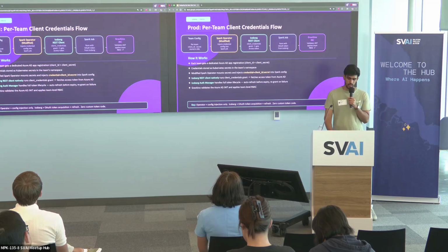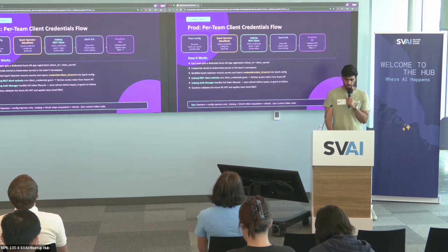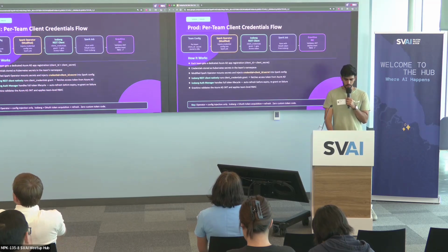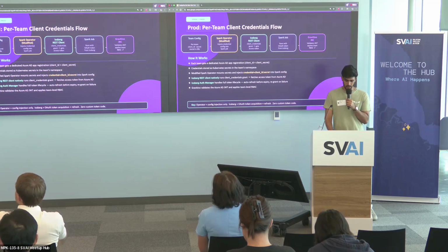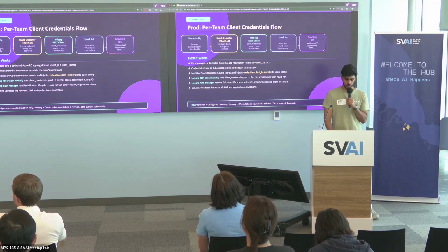Because teams run jobs at their cadence and it's scheduled to run forever. So here the auth works a bit differently. The client ID and secret is stored in Kubernetes secrets in the team's namespace. And our modified Spark operator mounts these and injects them in the Iceberg credential property of Spark config.